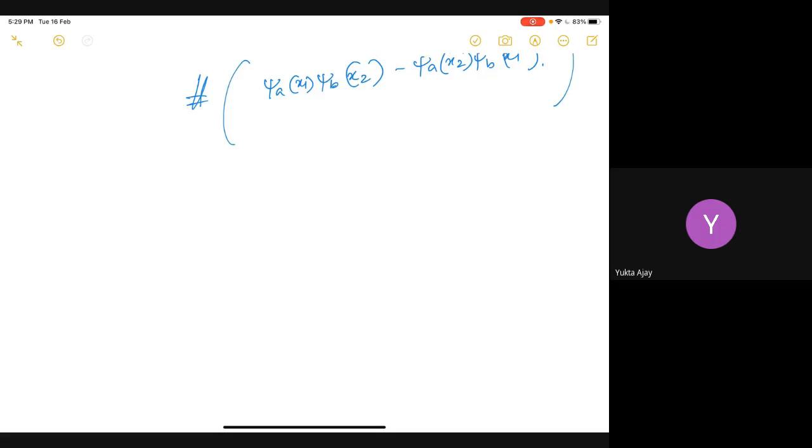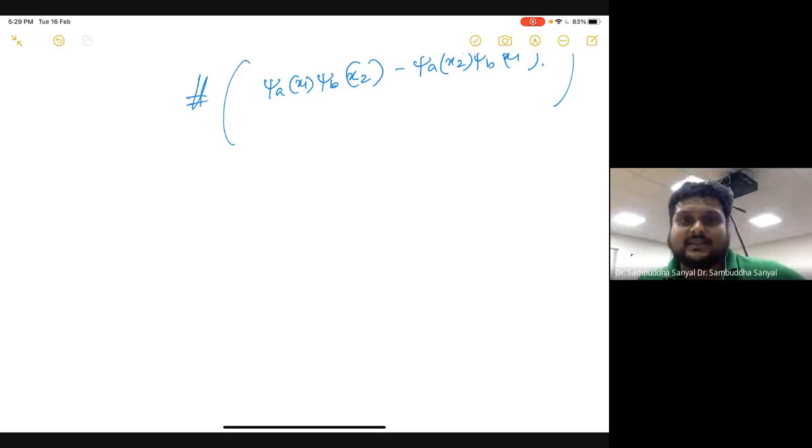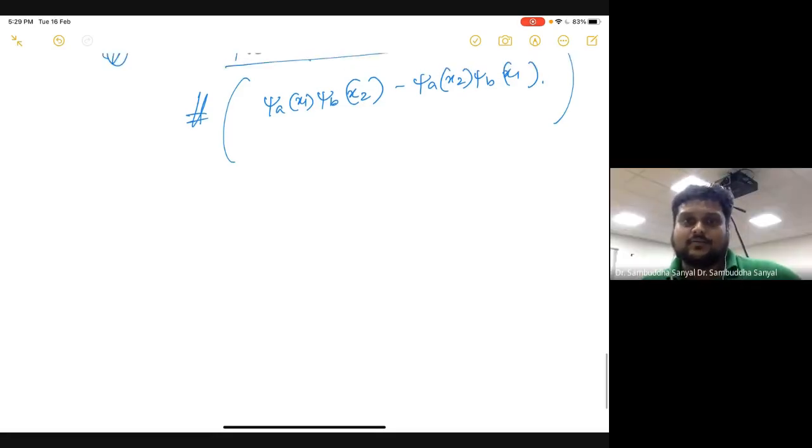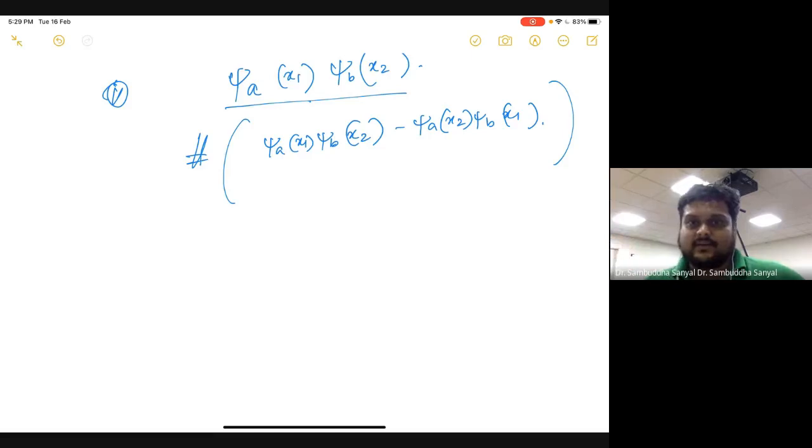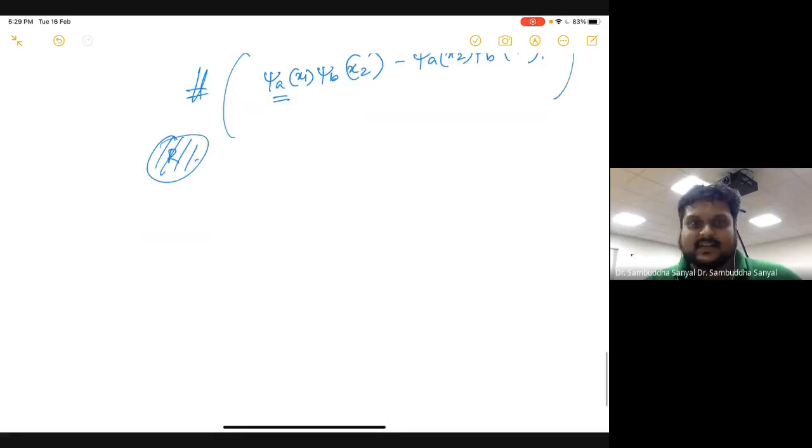Now the interesting point is that suppose we want to calculate the probability that the electron which has a label A in state A is confined in some small spatial region R. So how will I calculate such a probability?